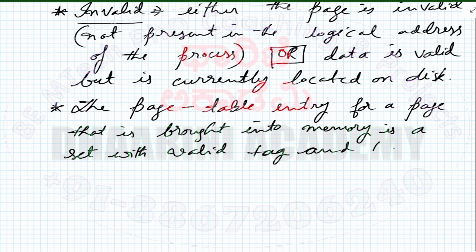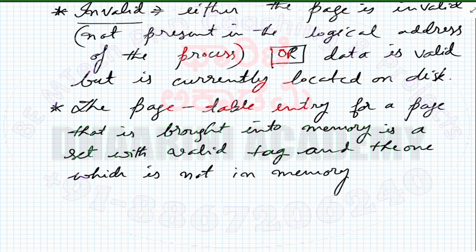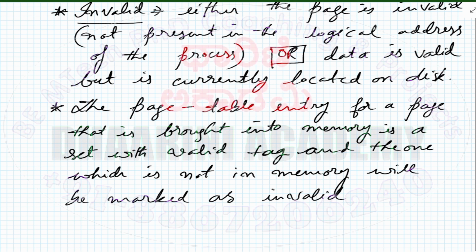And the one which is not in memory will be marked as invalid, and it contains the address of the page on the disk. So you have two things that can be present. I'll write an or here.